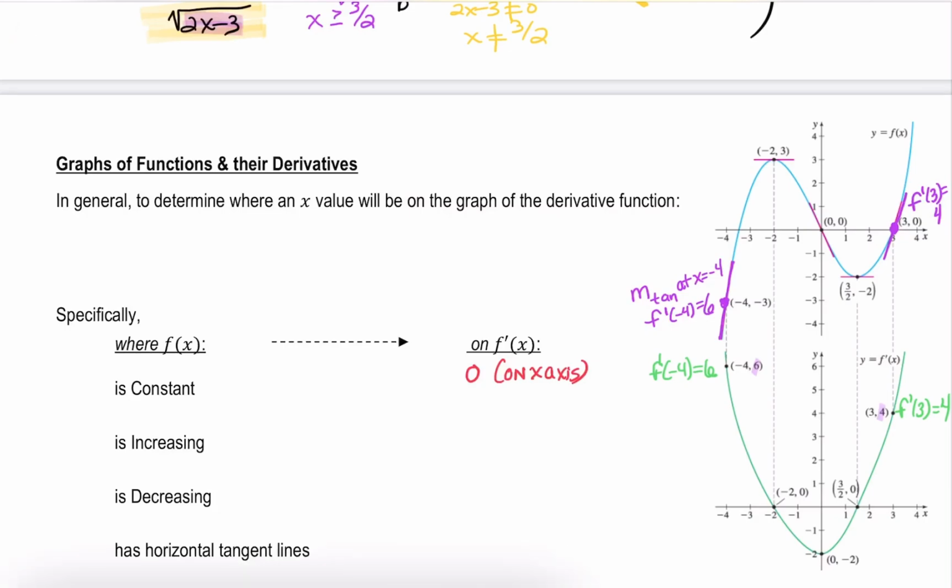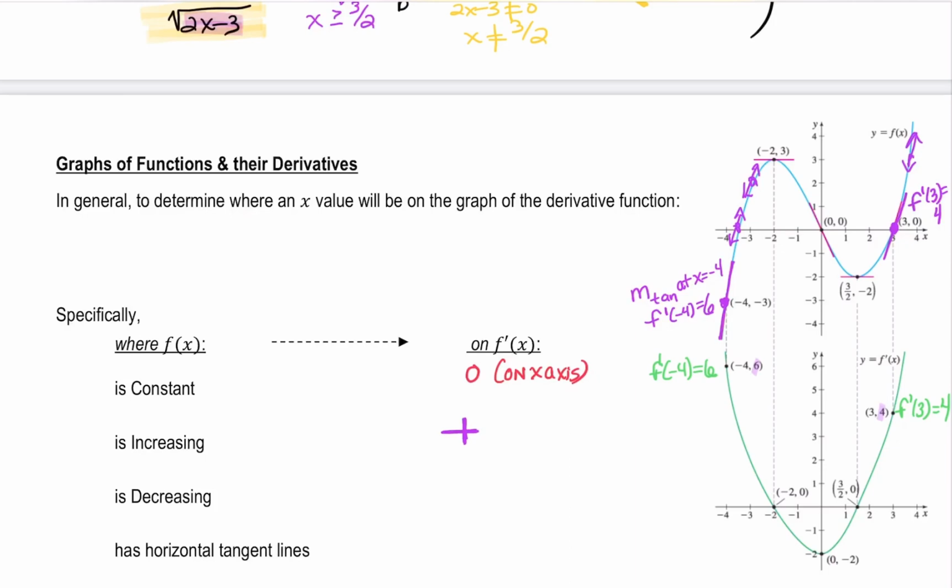If you were to think about all the little slopes of the tangent lines, if I draw a tangent line here and a tangent line there, and continue to draw tangent lines, whenever the function is increasing, the slopes of those tangent lines, or the rate of change of the function, is going to be positive. So if a function is increasing, f prime is going to be positive.